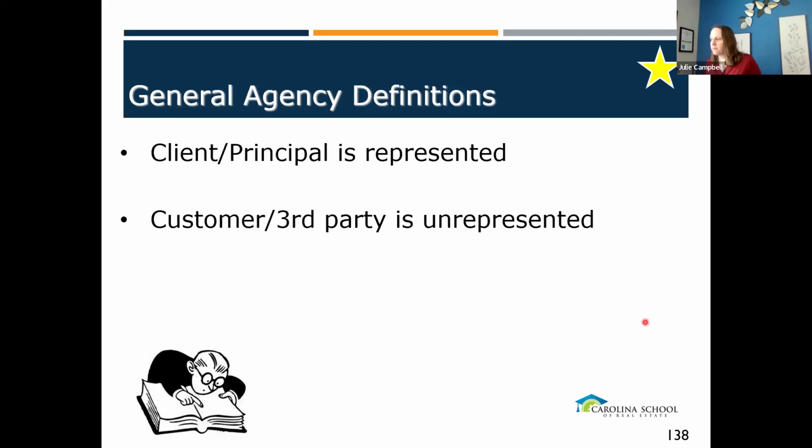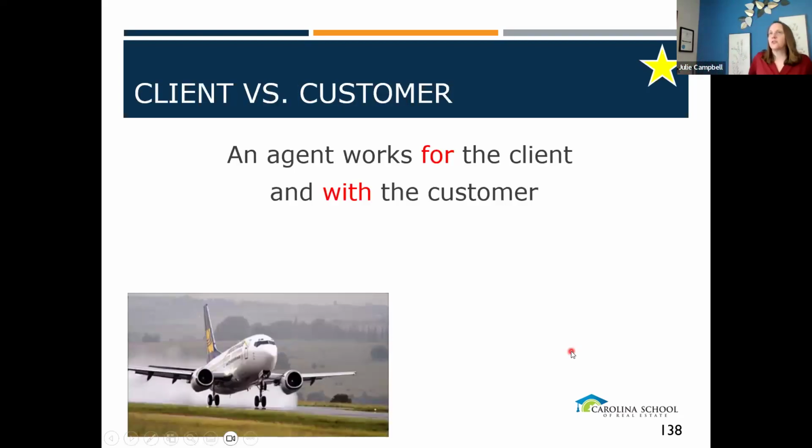So the client is represented by the firm. The customer is unrepresented by this firm. They may be represented by another firm, but it's through my eyes. If you didn't hire me, you are a customer. The agent works for the client. They work with the customer.